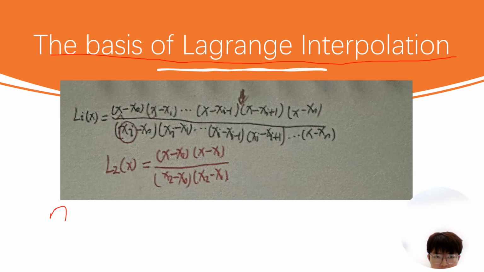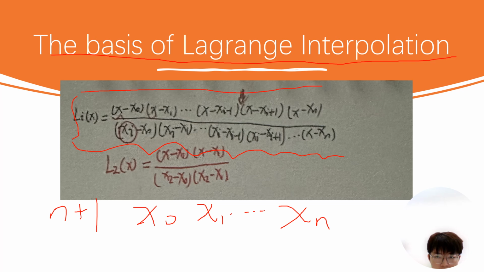Here are n plus 1 points. We write this as x0, x1, up to xn. And here's the basis of the Lagrange interpolation formula. This is the formula, and this is xi.